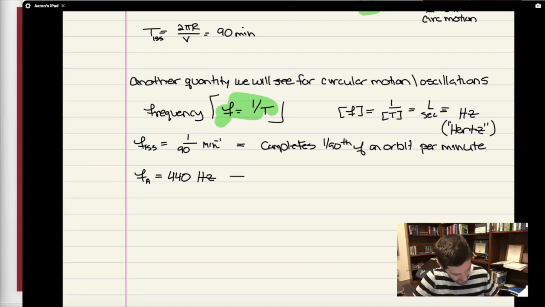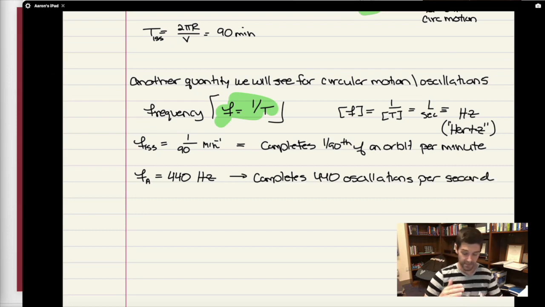What that means is that it completes 440 oscillations per second. So we'll get to this when we talk about waves. Essentially, a wave that oscillates up and down does one full oscillation, goes down and then back up, 440 times every second, and that is middle A.